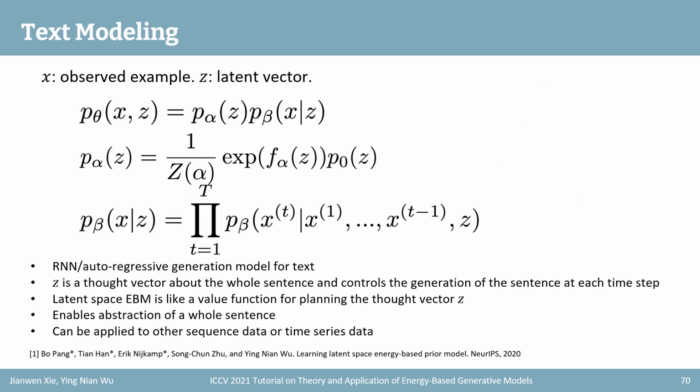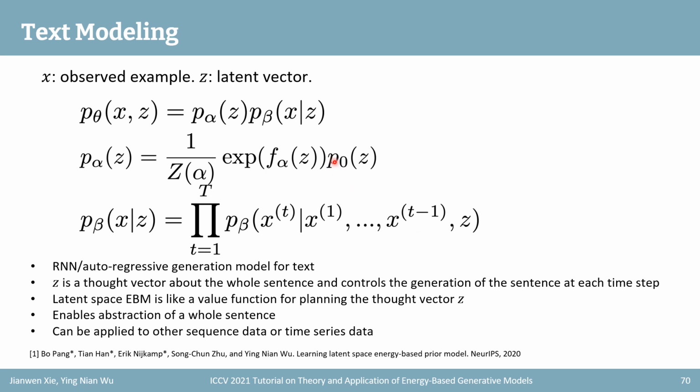The model can also be applied to text modeling, where X is a sequence of tokens in a sentence. So we only need to change the generation model into an autoregressive model parameterized by a recurrent neural network. And then each token is generated conditioning on the previous tokens, and more importantly, the latent vector Z. So Z is a thought vector about the whole sentence, and it controls the generation of the sentence at each time step for each token.